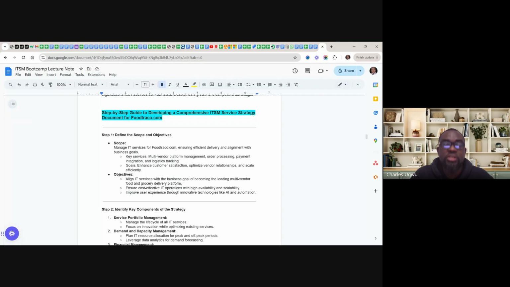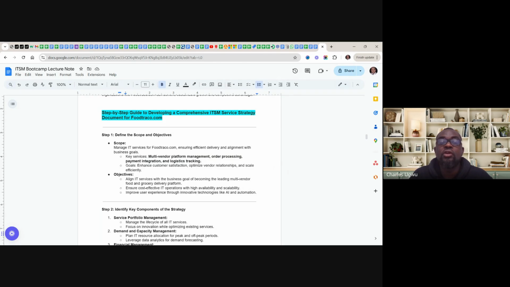We have a multi-vendor platform, ordering processing, payment integration through a payment gateway, and logistics tracking. This is what is setting the technology, the technology that is setting us apart.